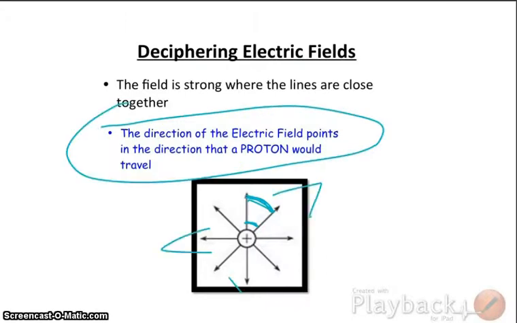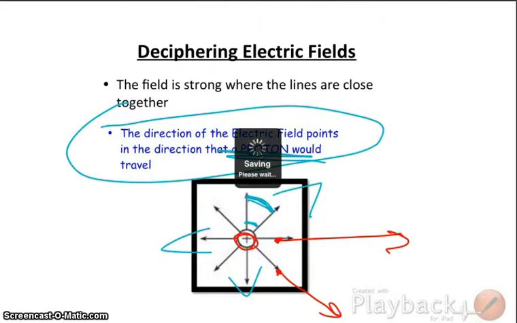The direction of an electric field points in the direction that a proton would take. So if I was a little proton sitting right here, I'd travel that way. If I was a proton sitting here, I'd travel that way. Okay? Because I'd be repelled because this is positive, so it points out of positive and into negative.